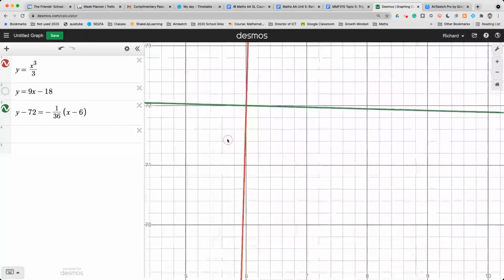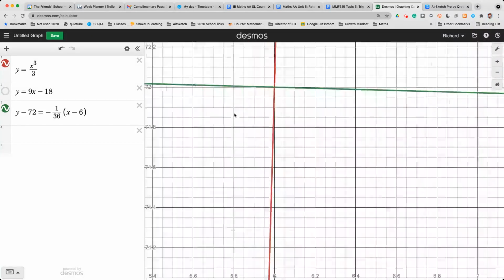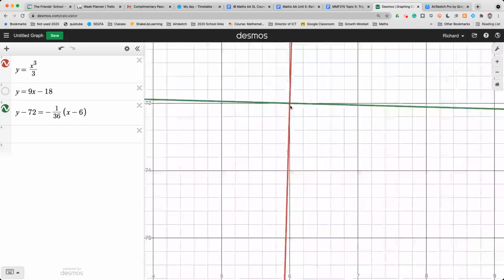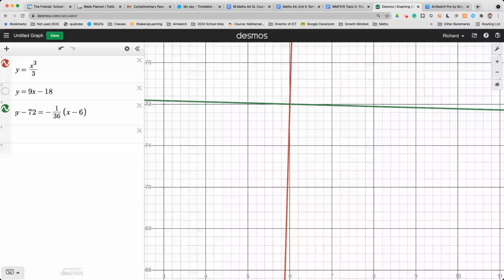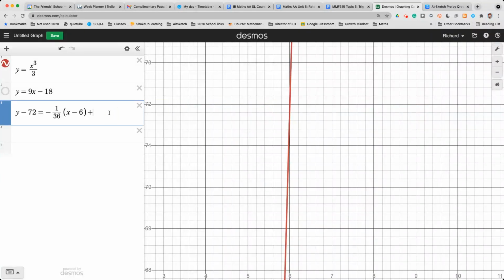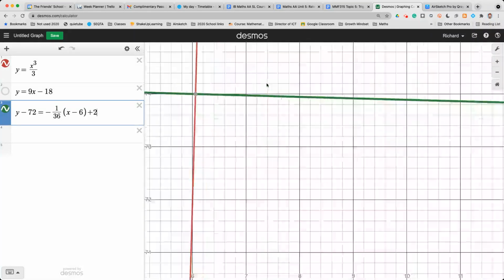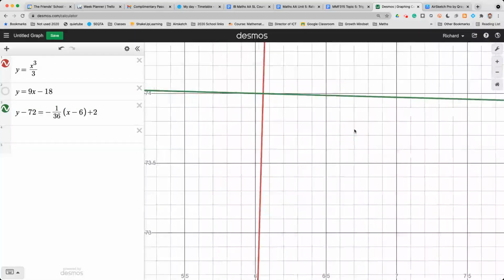Surely it has to be afterwards as well? What do you mean afterwards? Further up or down the line? No, not for this particular equation. It's exactly perpendicular here. But if I translated this up a bit, it's not perpendicular at that point.